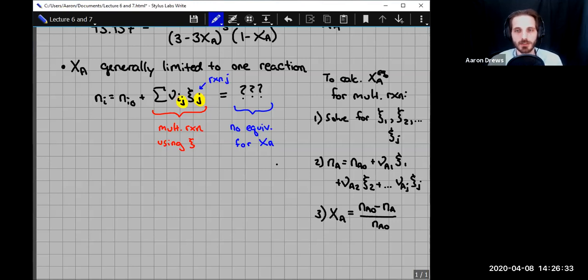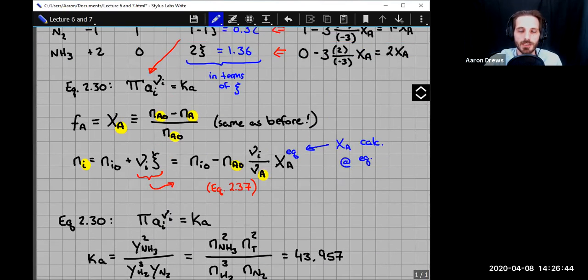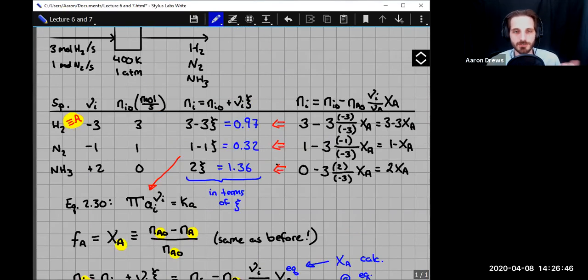So I have to go back to my extents of reaction and solve it the way that I normally would, solving for all of the extents of reaction. And then once I'm all done, I can set up a table, not unlike this one, and solve for all of my outlet molar flow rates and calculate the conversion of species A based on that stoichiometric table.